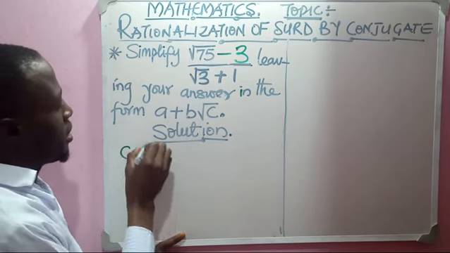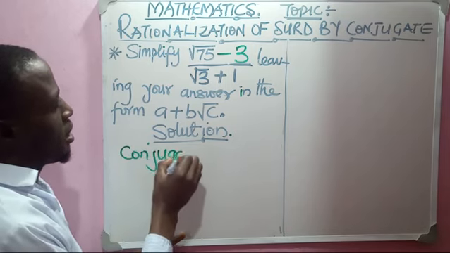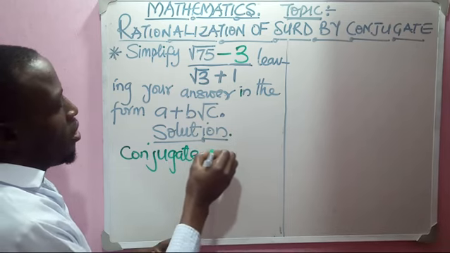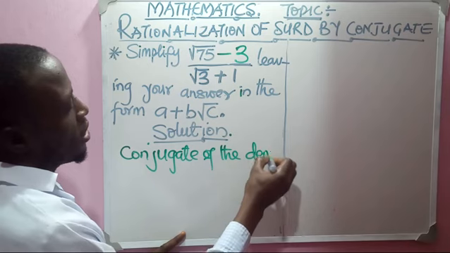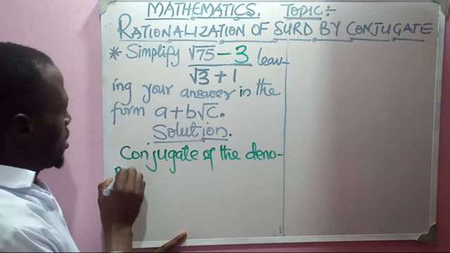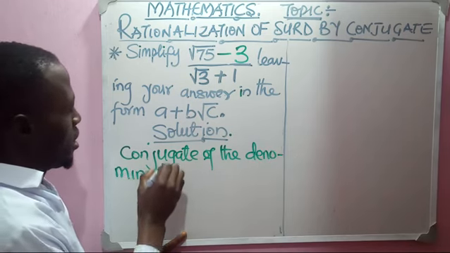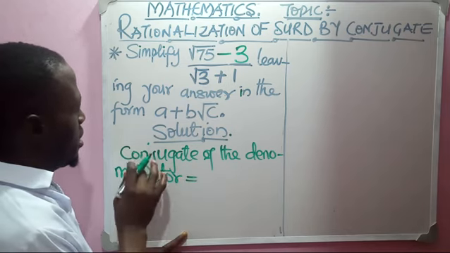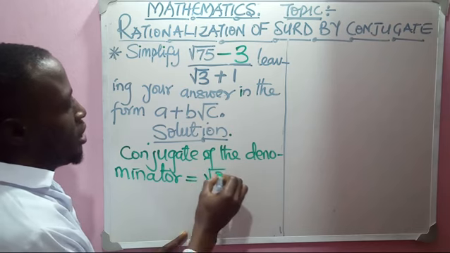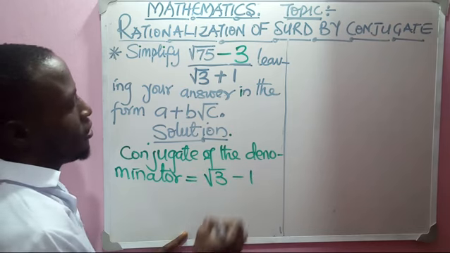Conjugate of the denominator is root 3 minus 1.